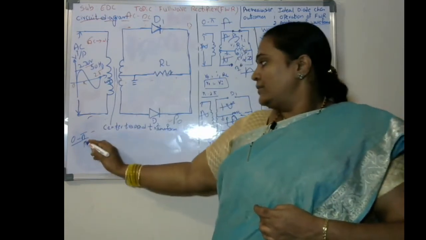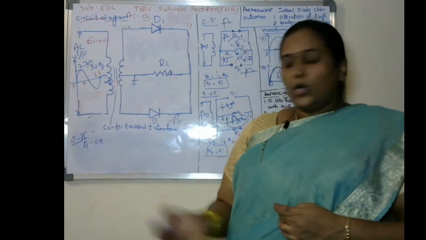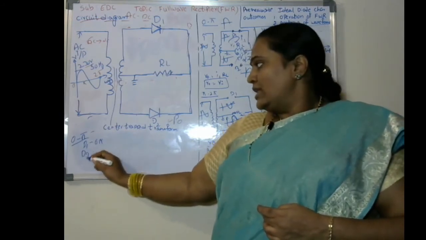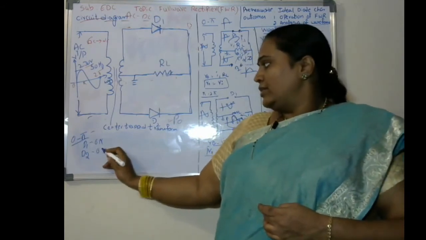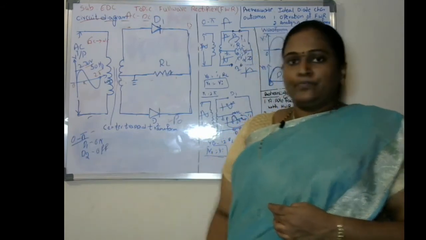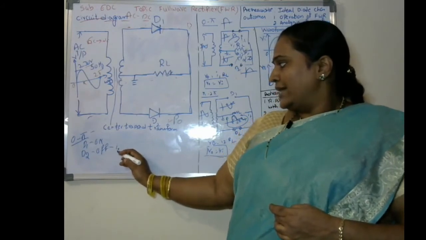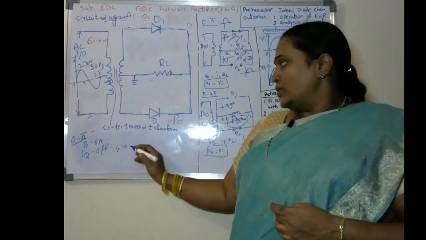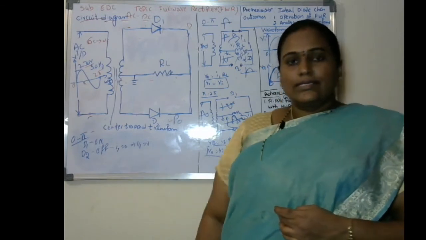D1 is short circuited, nothing but it acts as on, and D2 is reverse biased, it acts as an open circuit, called off. In the off condition, the current I2 will be equal to 0. So that indirectly leads to the V2 voltage being 0.